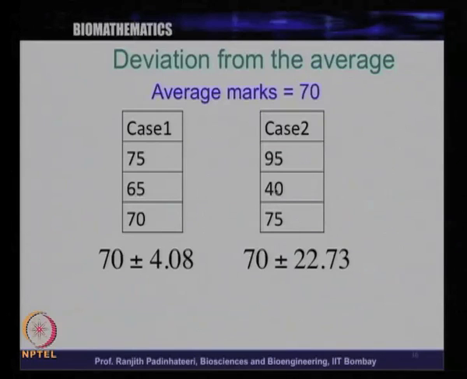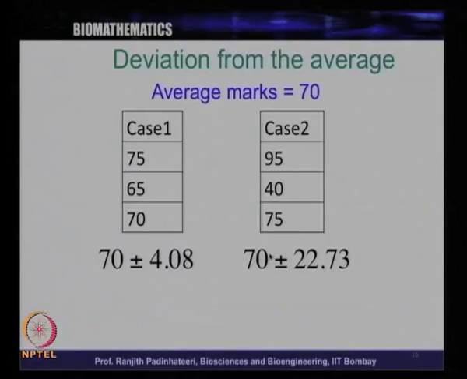By just telling the standard deviation also, we are giving much more information: even though the average is 70, the deviation is very large here and small here. So the mark in this case can be very different from 70. This gives you much more information.